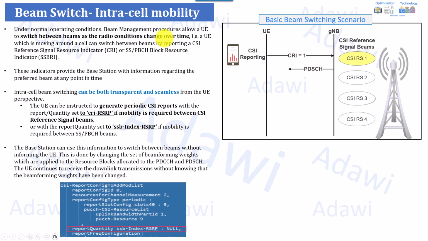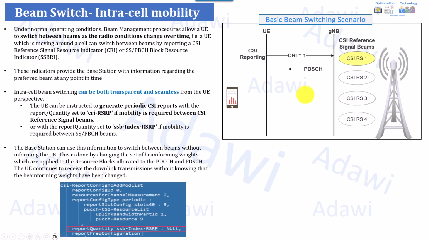The gNB, based on this information, will know that this beam is associated with a specific PDSCH beam. Then after a while, the user changed location. He moved towards another beam direction, let's say another CSI-RS beam within the same cell, which is again intra-cell mobility handover.